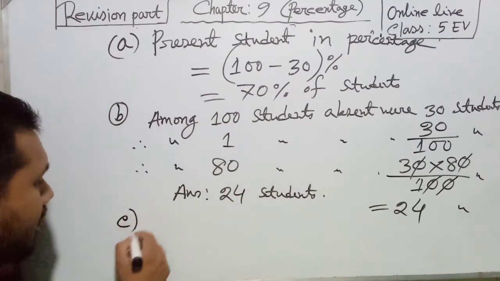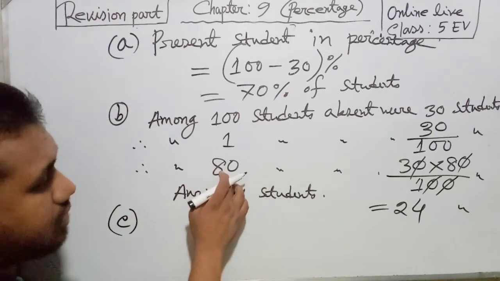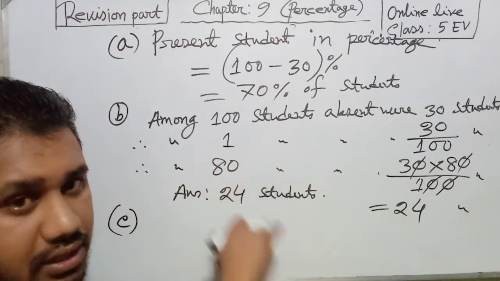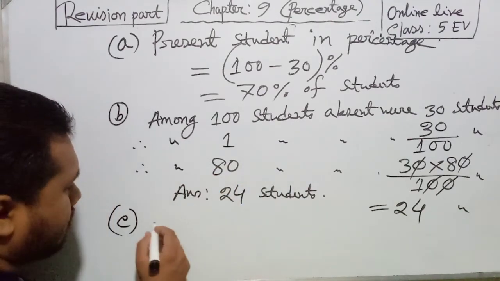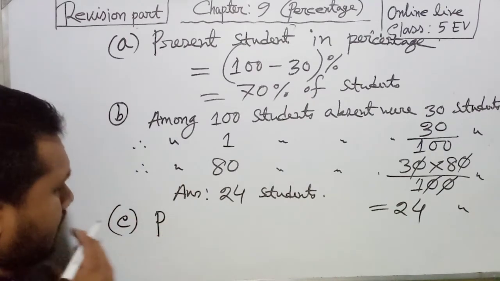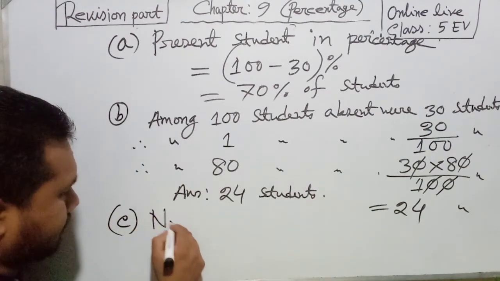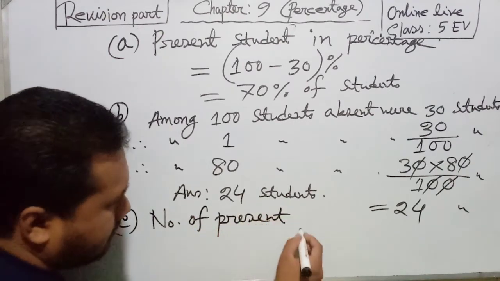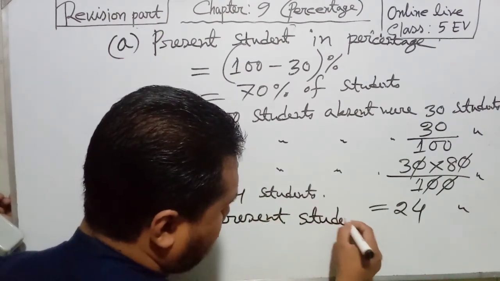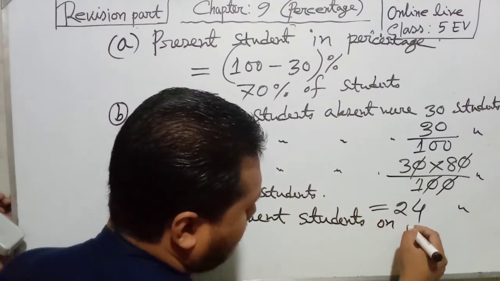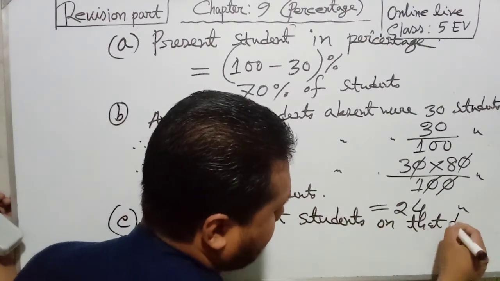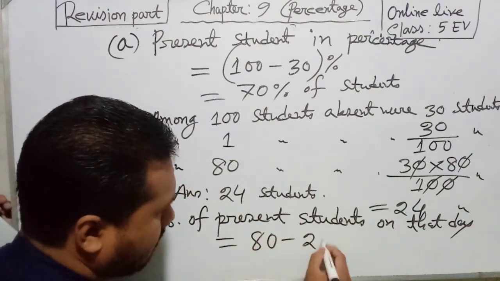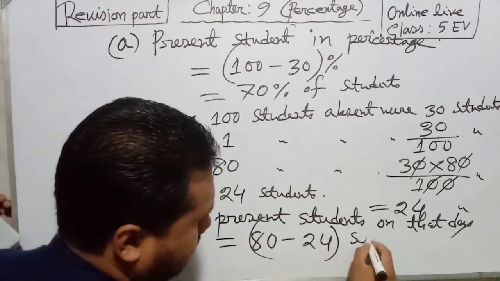Now C number, how many students were present? Look, 80 students is the total, and 24 students were absent. So the remaining students were present. So the number of present students on that day equals 80 minus 24 students.